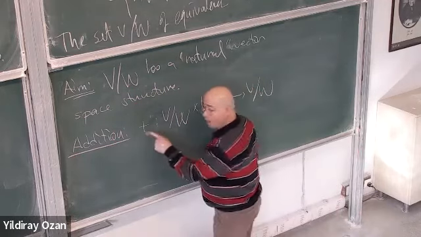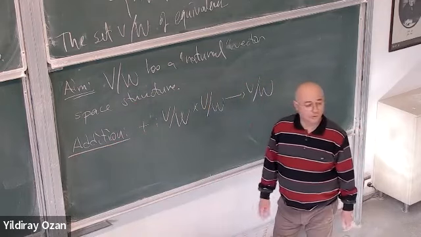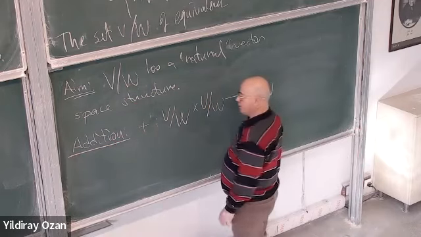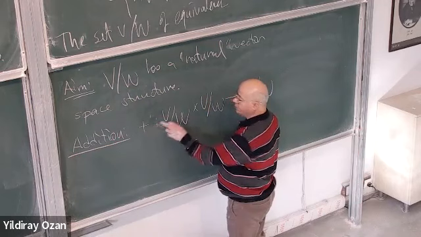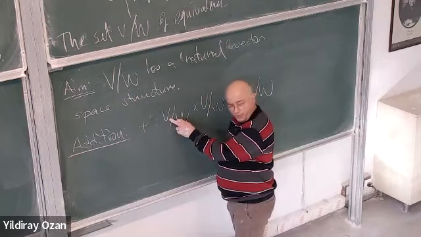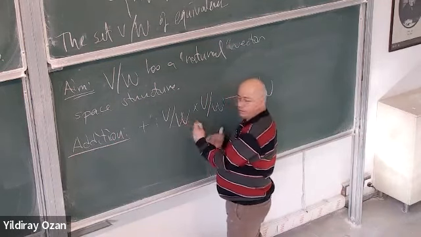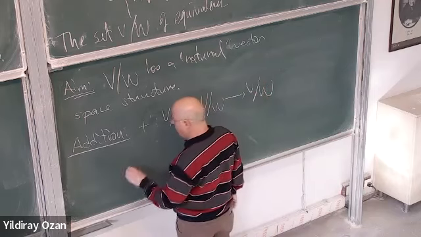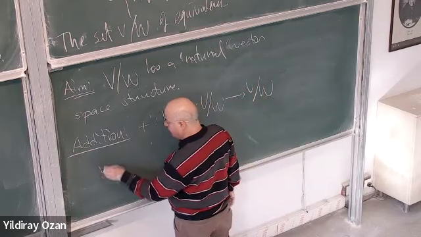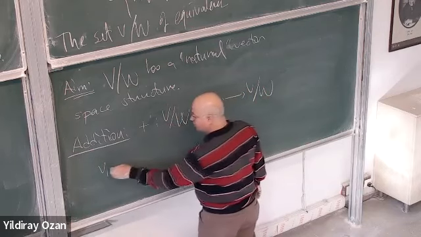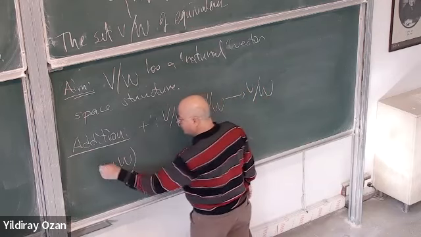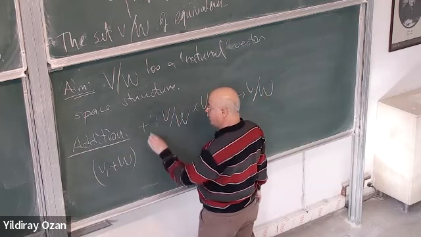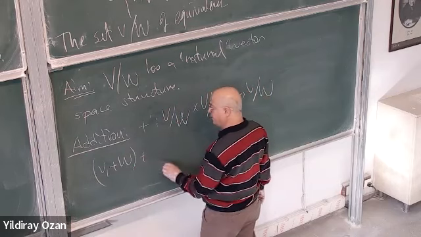And I have to tell you how you obtain them. This operation will not be the addition operation on V, right? It is defined on a different set, but they are related. How? Well, we define it this way. Let's say I take this equivalence class. Okay. And then I add this.